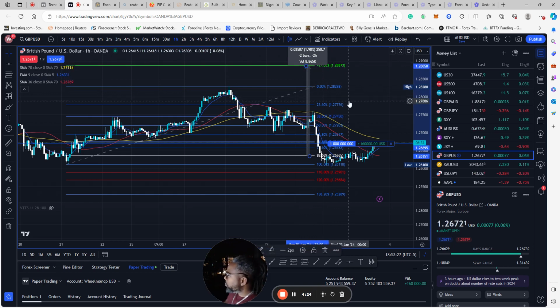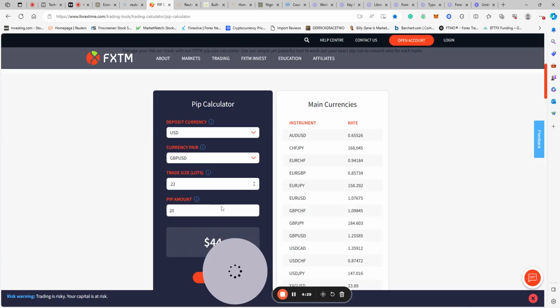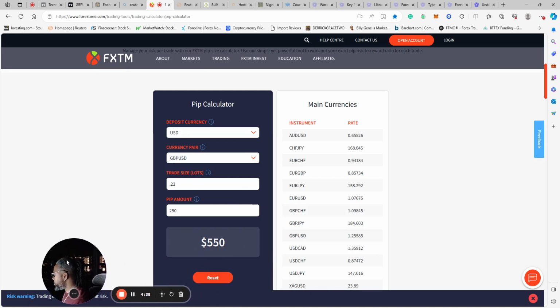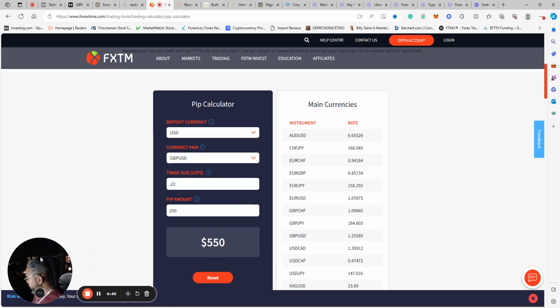So I'm risking 20 pips to create 250 pips in profit. So now I'm risking $45 to create $550 in profit. So that is a great risk to reward ratio here.